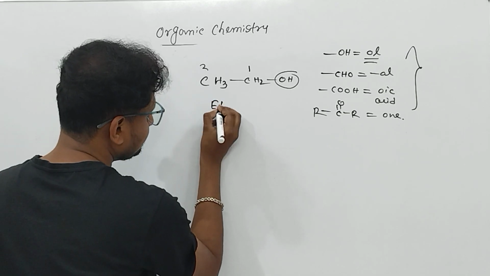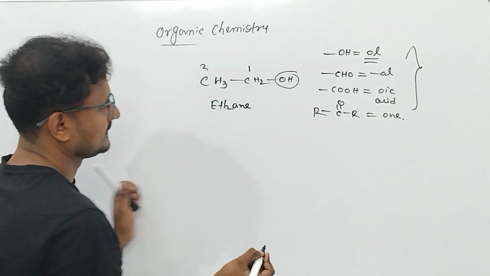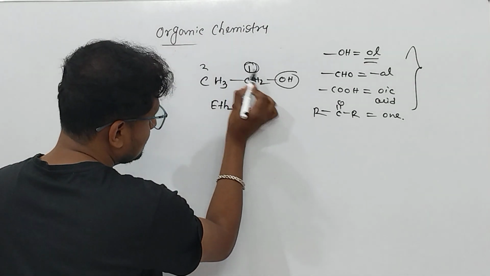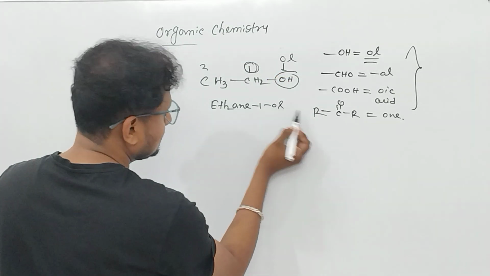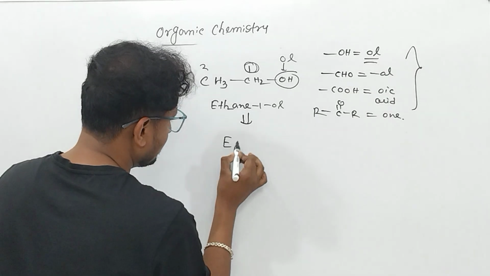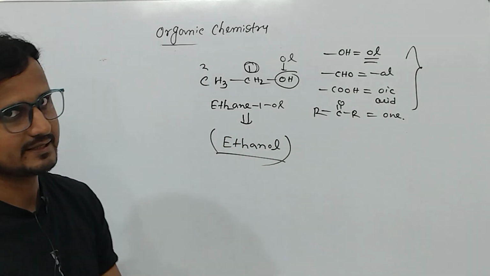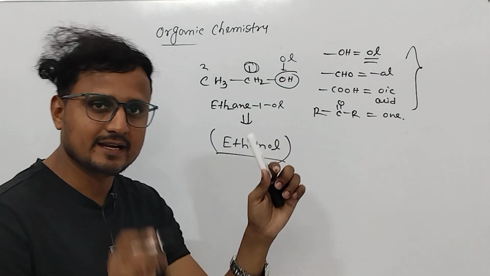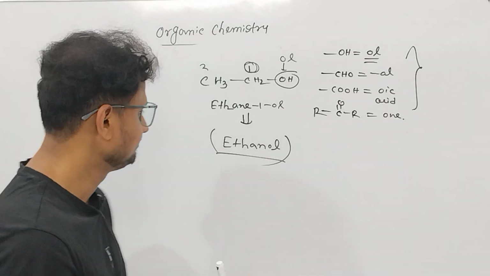So eth, you have a single bond, ethane. And after number 1 carbon we have ol. So ethane-1-ol. If you combine this, it will be ethanol. This is ethanol. So ethanol is CH3CH2OH and it is nothing but ethyl alcohol. Ethyl alcohol is the common name, ethanol is the IUPAC name. Okay.